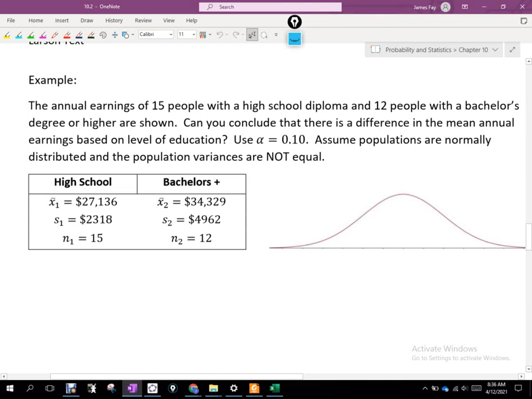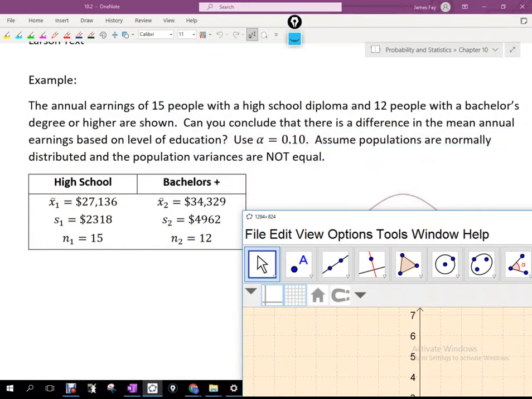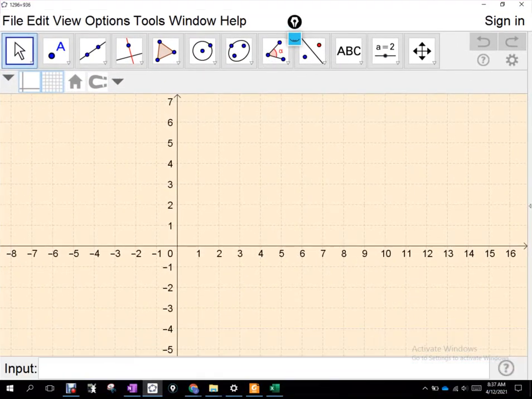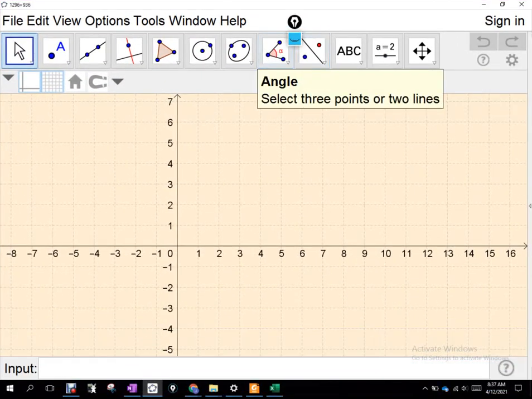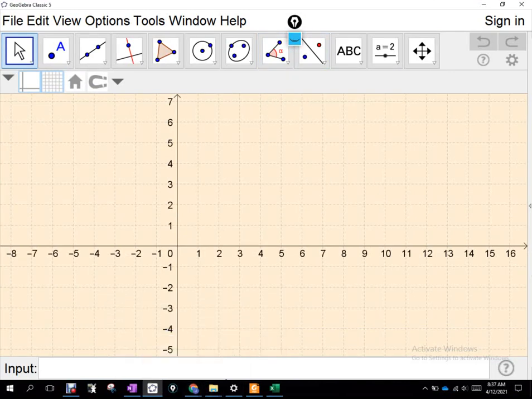But we can do that if we use GeoGebra. I know it's two programs to get the job done, but it's better than doing it maybe by hand. So if you have GeoGebra, now you'd have to download this. GeoGebra has a web-based calculator, but for whatever reason, they do not incorporate their probability calculator on that web-based calculator.